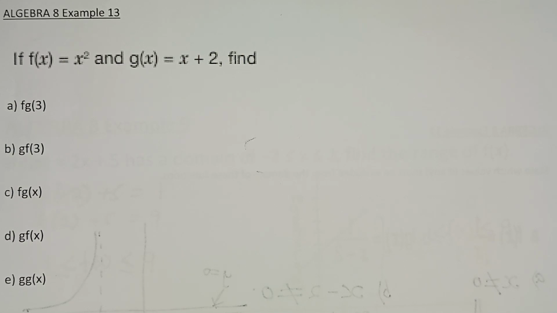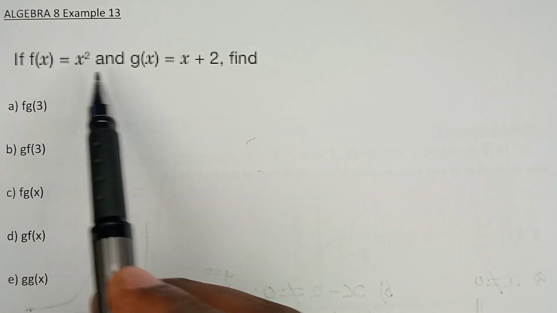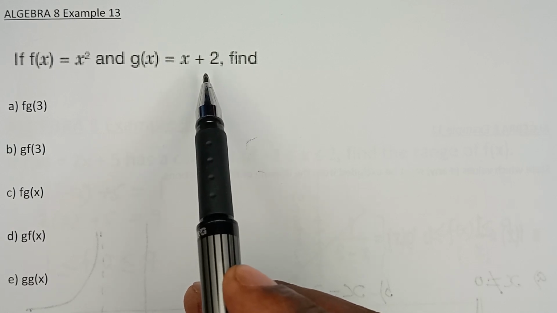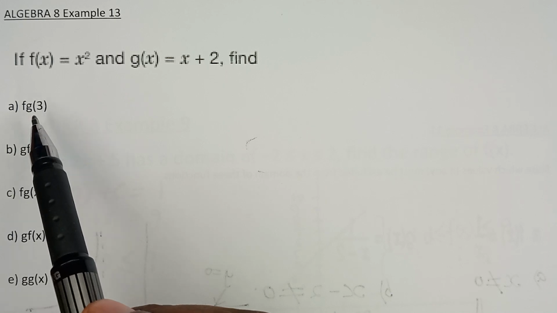And in this video I want us to express the explanation of what composite functions are. We understood in the slide that a composite function is when a function is followed by another function. If f(x) is x squared and g(x) is x plus 2, those are two different functions. Find fg(3).